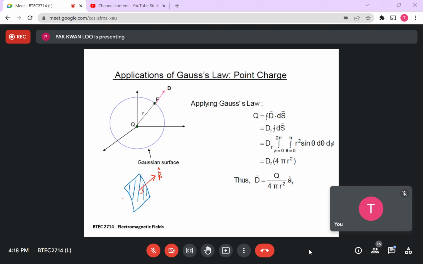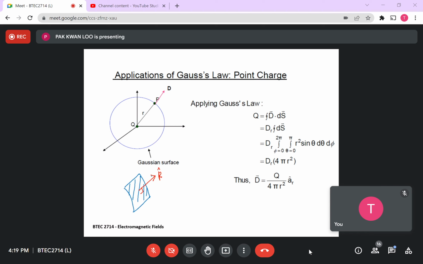If you pick this statement, the direction of the electric field coming from this point charge is perpendicular to this surface, or parallel to the normal direction to the surface, because this r cap here, the definition of the normal to the surface, is in the r direction.